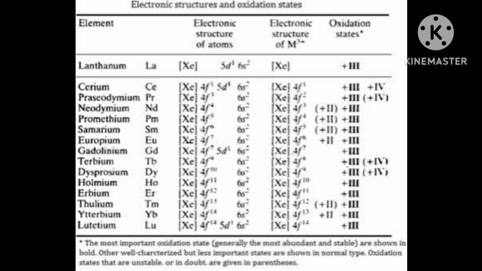And here ytterbium Yb2+, which has f14 configuration, fully filled, is a reductant, reducing agent, and Tb4+ is a half-filled f orbital and is an oxidizing agent, means oxidant.